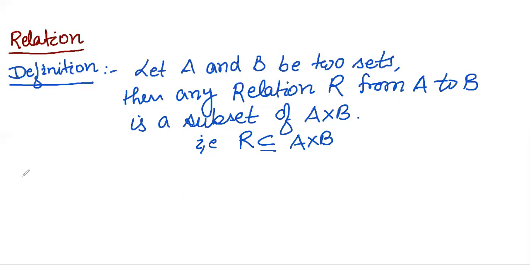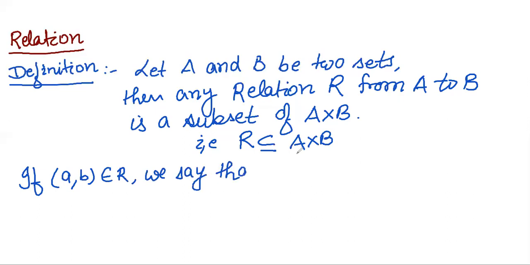So we can include here, if (a, b) belongs to R, then we say that a is related to b. A is related to B. This is another way to write a relation.